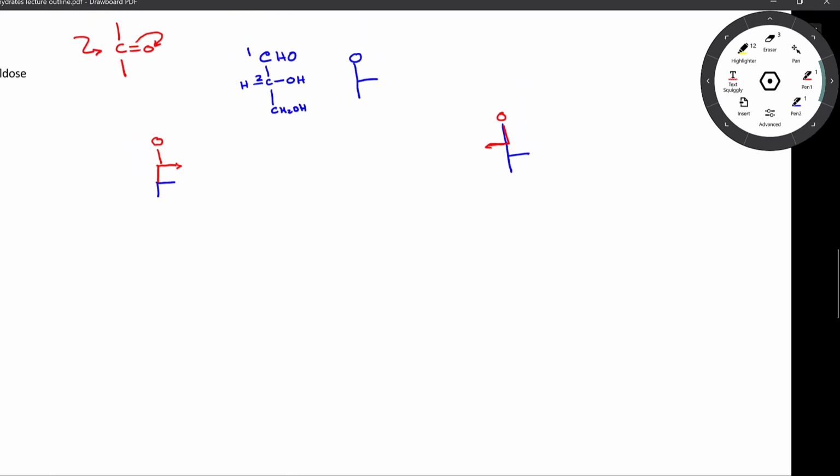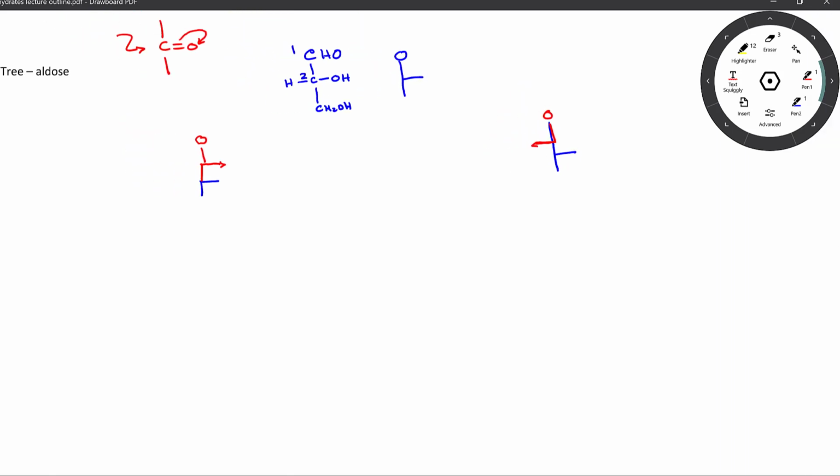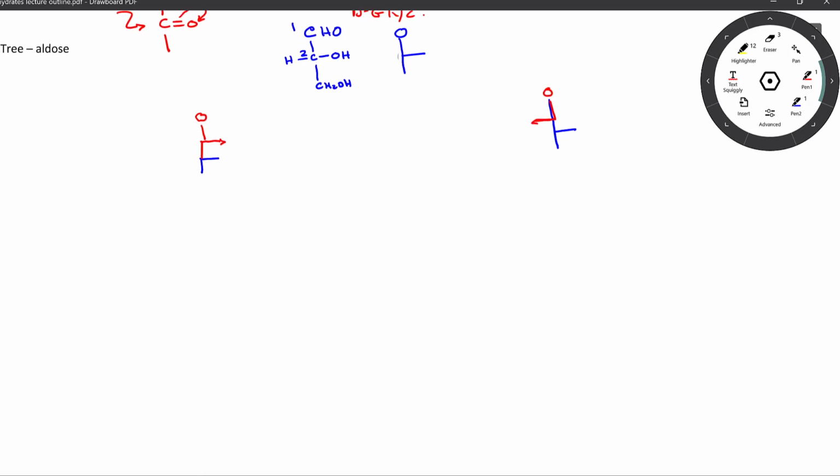So this is glyceraldehyde, D, because it's pointing to the right. This is D here, right? Oops, let me draw that back. So this is D-glyceraldehyde. And I'll abbreviate it there. And then this is erythrose.